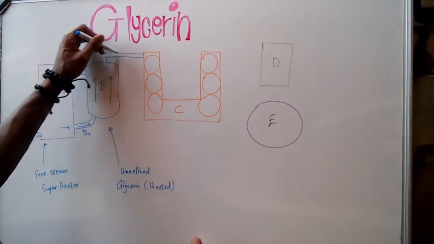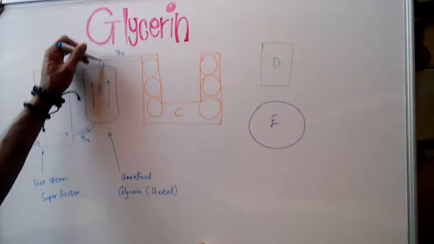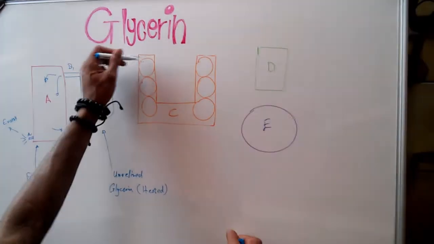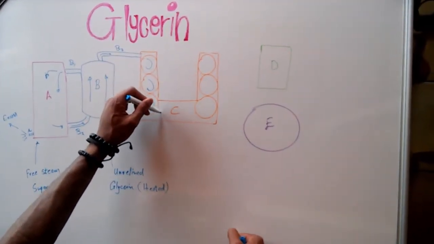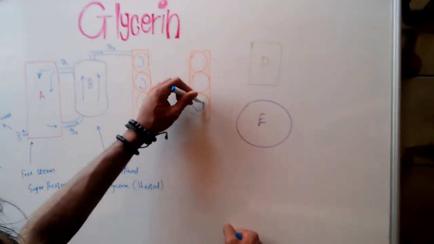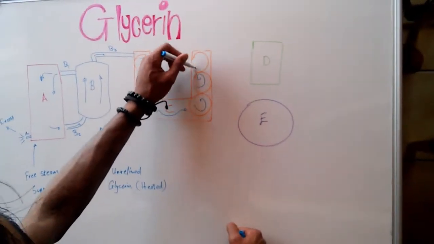When a constant temperature and flow is maintained, the fluid then leaves through valve B3 into the next section. This section consists of a series of condensers in order to compress the fluid.